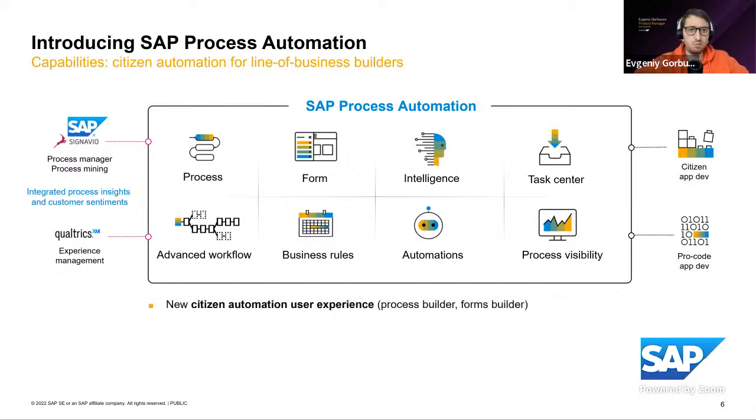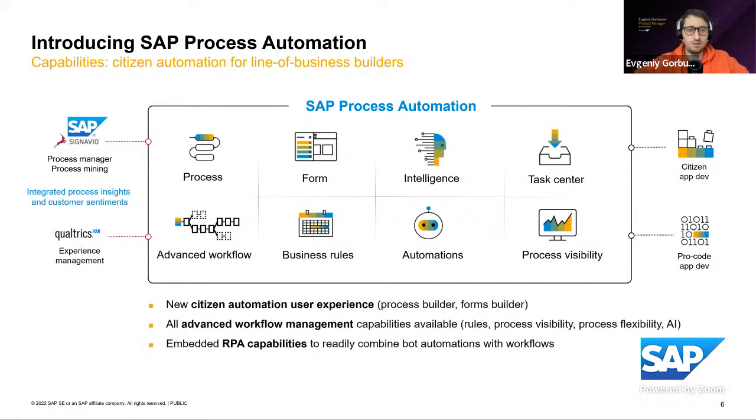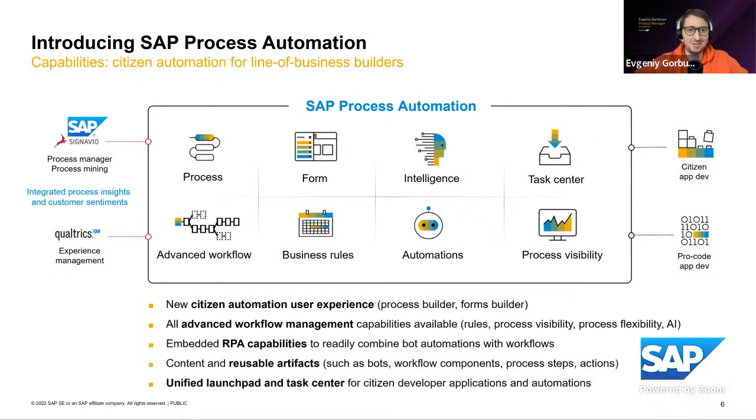SAP Process Automation provides you end-to-end capabilities to create citizen automation and citizen processes in one place, in one unified process editor, as you can see here on the picture.